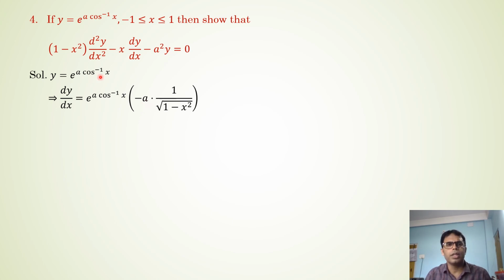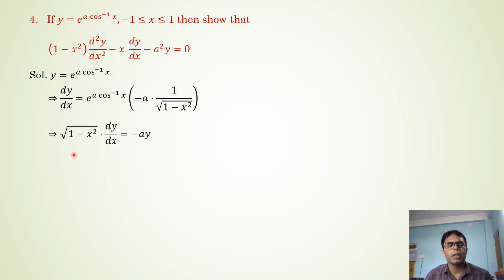Then you see the answer here. In the answer, with d2y dx2, that means with the differential coefficient, the term 1 minus x square is present. So that is why I am taking this root over 1 minus x square as a cross product here, and by taking the whole square also. You see the line, after that it will be clear to you.